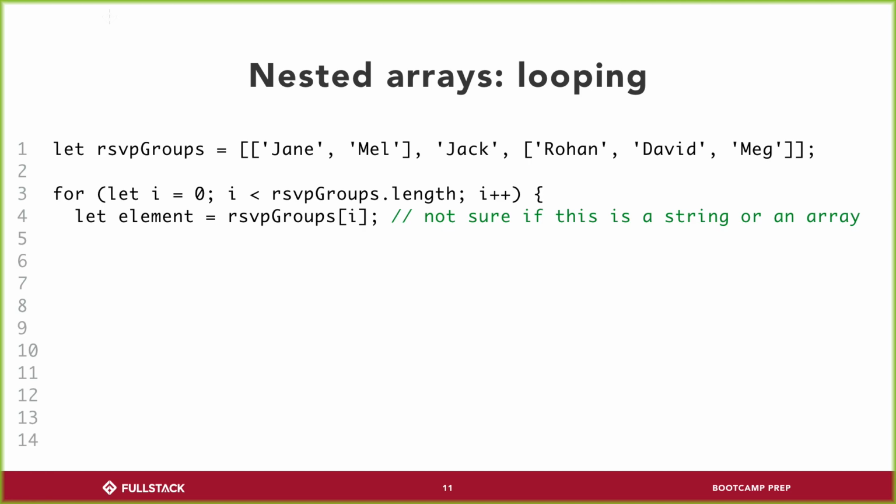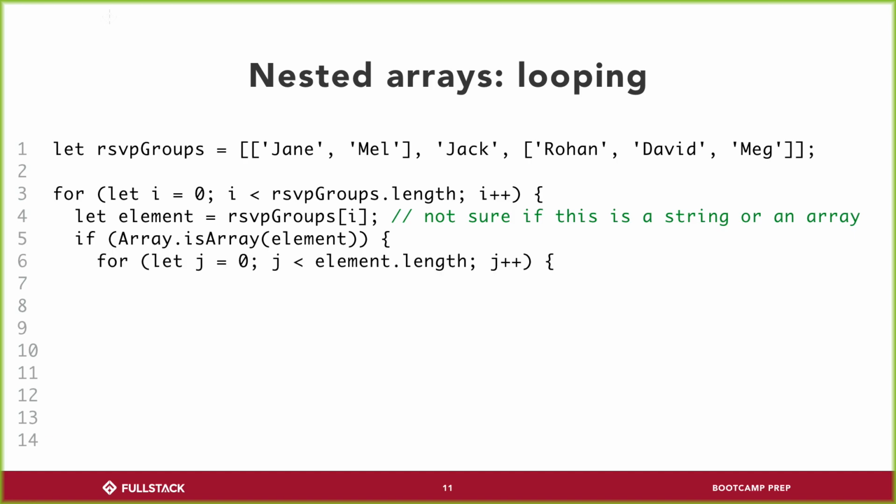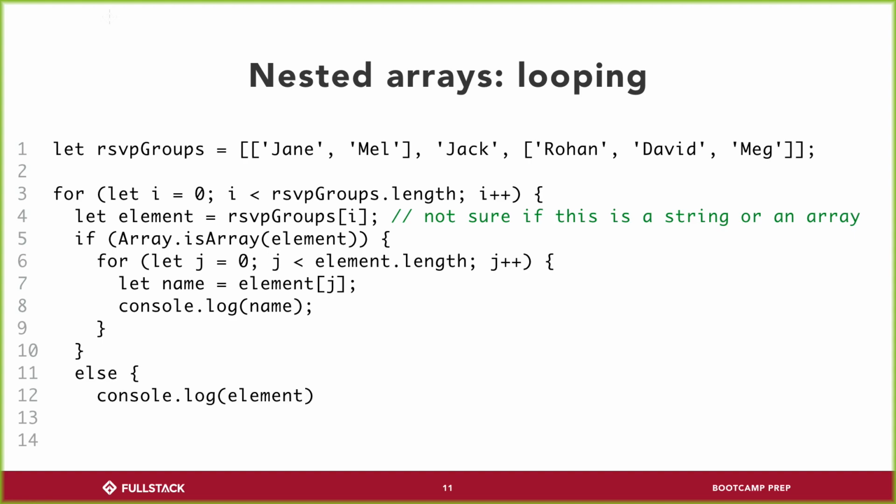But here, we're getting the element and we're setting it to be that index, and then we're asking that element, are you also an array? If it is, then we'll loop again through that element, and then we'll get the actual name and we'll log it. Else, we'll just log it because if it's not an array, then we'll assume that it's a string in this case.